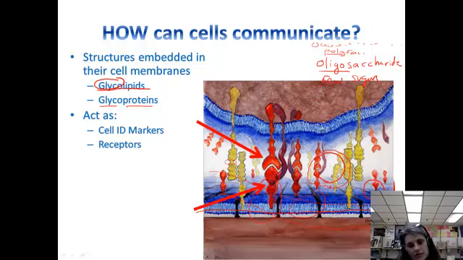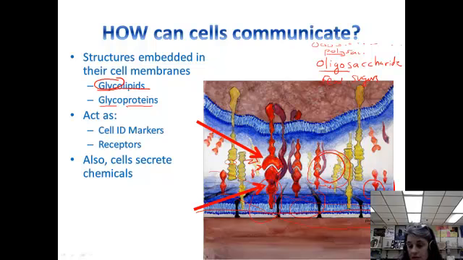And these glycoproteins, glycolipids, also act as receptors, things that can fit with these identification markers. You can see that this has a particular fit that allows it to fit with that identification marker. So receptors and identification markers, that is one very important way that these immune cells are going to be interacting with each other, is the binding of receptors with identification markers.